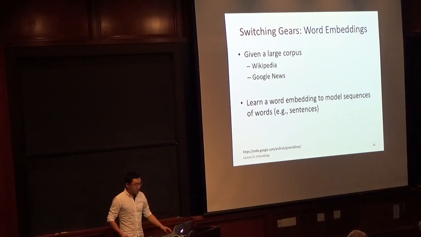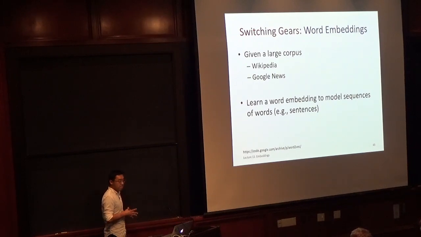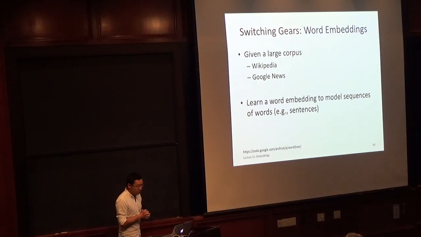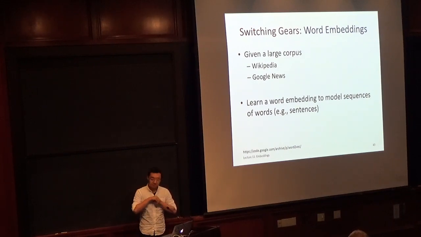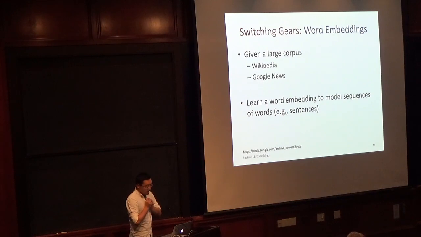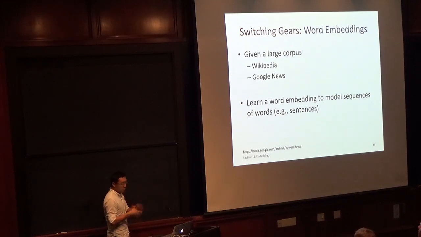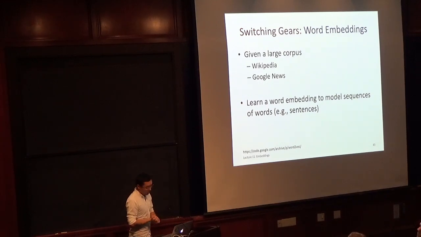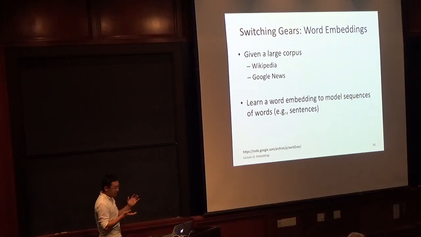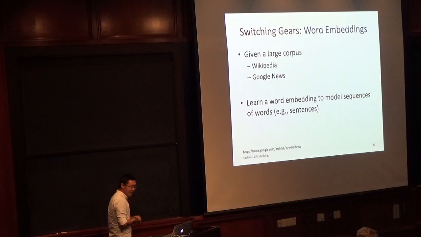Okay, so now I'm going to switch gears to probably the most important part of this lecture, which is word embeddings. Now we're given a large textual corpus, let's say Wikipedia or Google News or the New York Times or what have you, hopefully not Reddit, but sometimes Reddit.